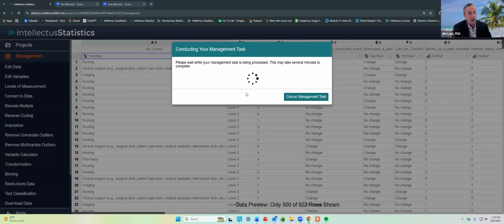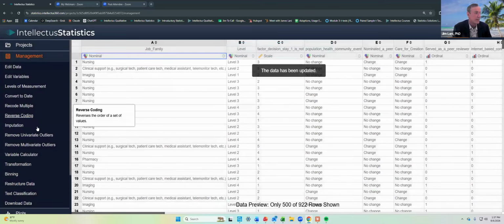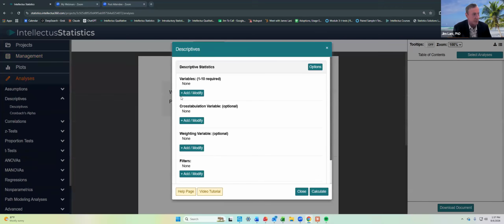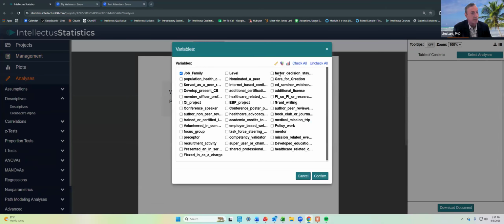So you want to look at your variables, and you would have picked it up in descriptives. We can do that real quick. Under descriptives, I'm just going to deal with these first few variables: job family, and then I think we're here.